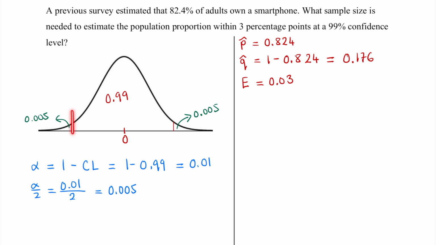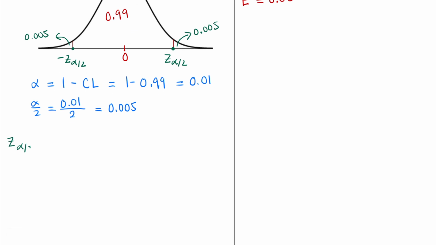The two boundaries are negative Z sub alpha over 2 and positive Z sub alpha over 2. The one on the left is the negative one, and the one on the right is the positive one. And for this formula, we need the one on the right, Z sub alpha over 2. We are going to use the inverse norm function on the TI-84 calculator.